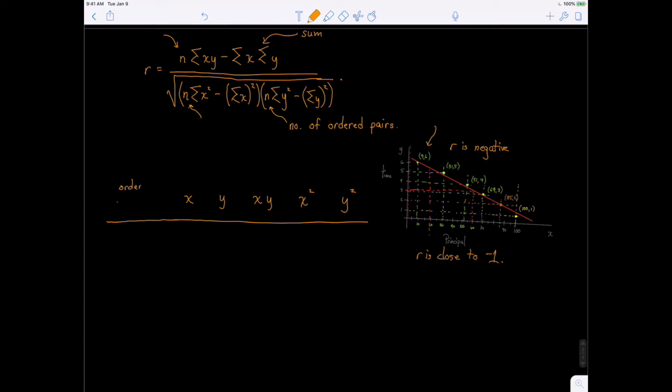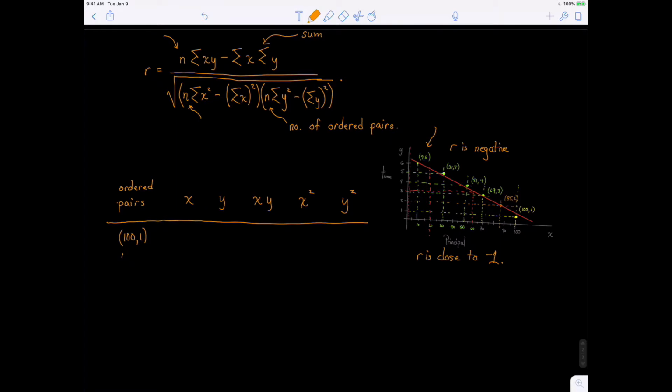So our ordered pairs. Our first one is 100, comma 1. And our second one is 85, comma 2. Our next one is 69, comma 3.